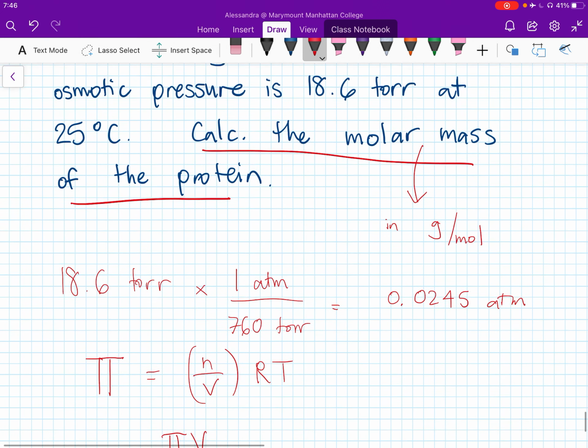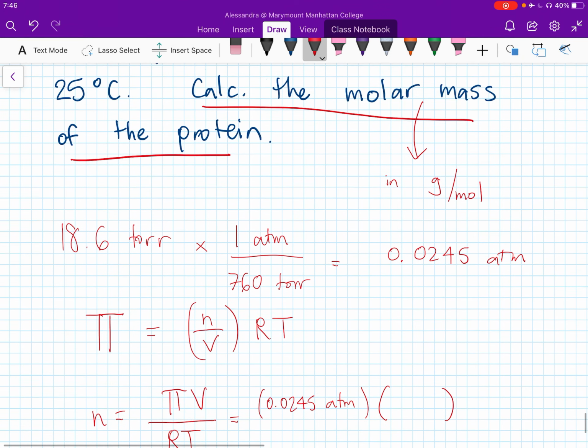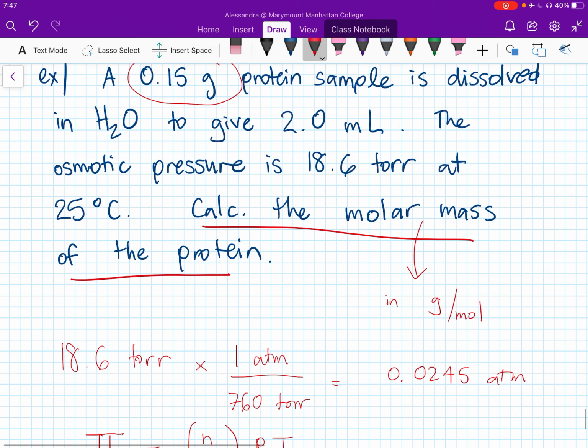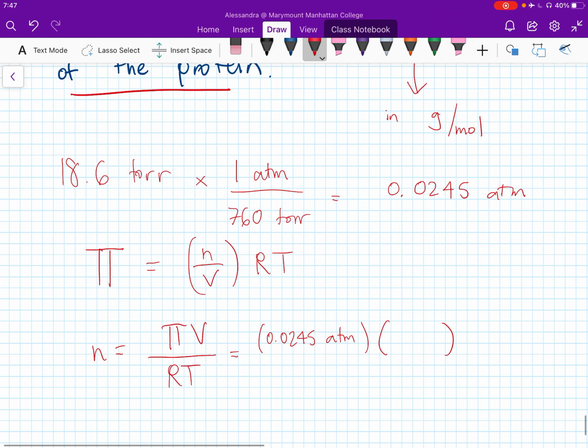So I'm going to have 0.0245 atmospheres multiplied by the volume. I was told the total volume is 2 milliliters, and I need to make sure that I convert that to liters because I need to cancel out with the units of the gas constant.